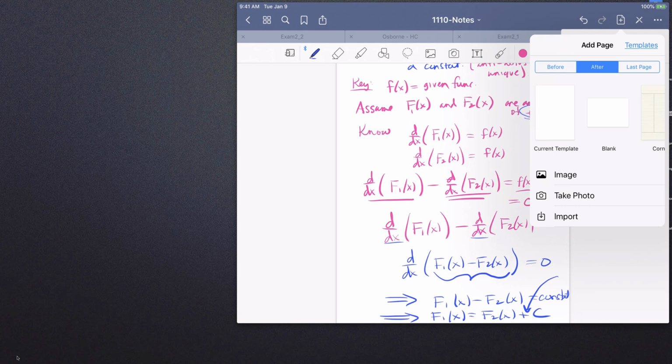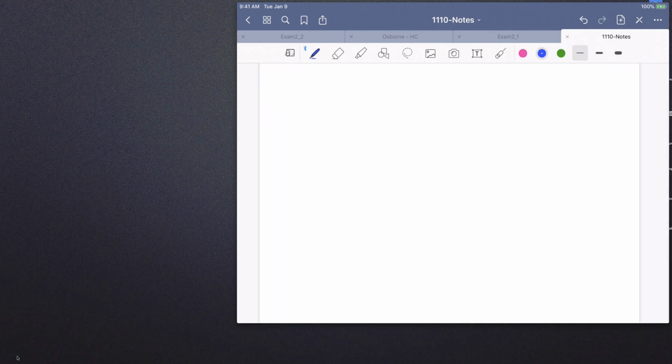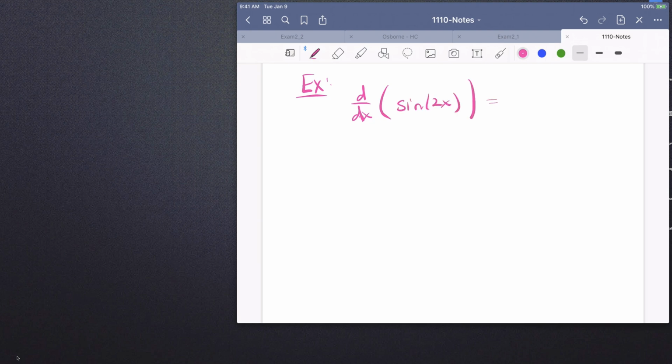Let's see how this could get phrased as a question. Example: let's say that you know that the derivative with respect to x of sine of 2x is cosine of 2x times the derivative of the inside function, which is 2. So this is what we know.